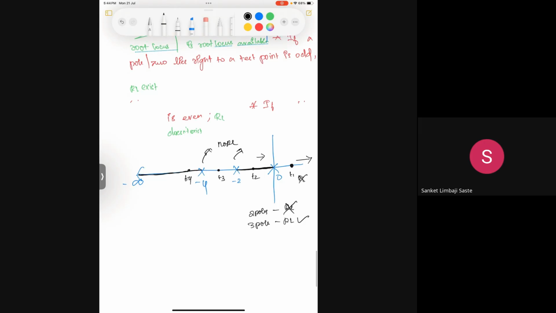Whenever you take a test point, see how many poles or zeros are to its right. Zeros also should be considered. If there is a zero here, then this test point will say there is a root locus. There should not be any clash between zeros and poles; they should be considered together.